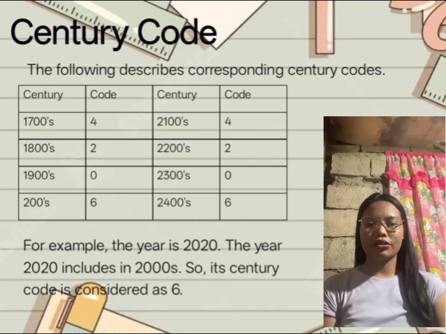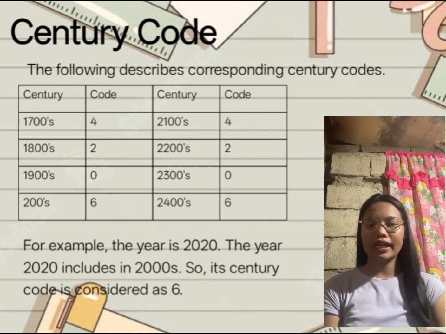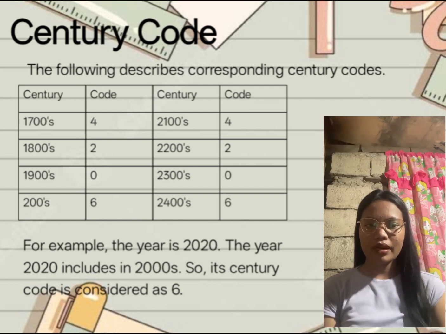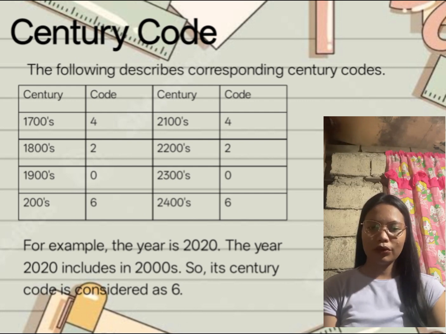Next are the century codes. From the Gregorian calendar, the numbers 4206 are alternately taken. So the corresponding century codes are: for the 1700s we have 4, 1800s is 2, 1900s is 0, 2000s is 6, 2100s is 4, 2200s is 2, 2300s is 0, 2400s is 6.